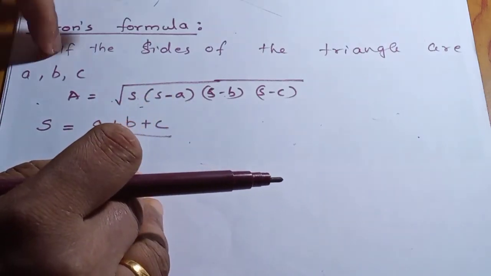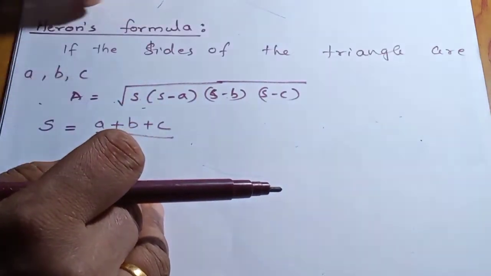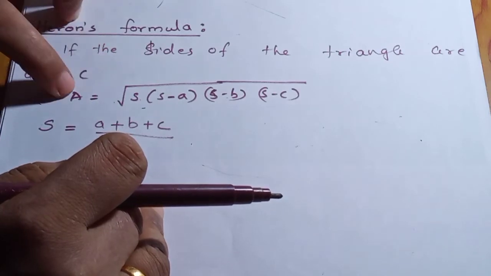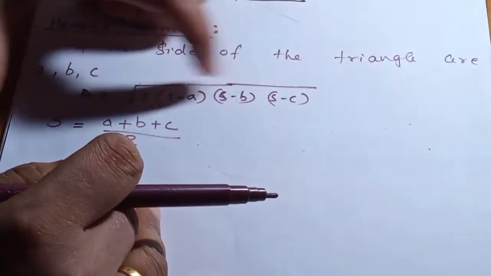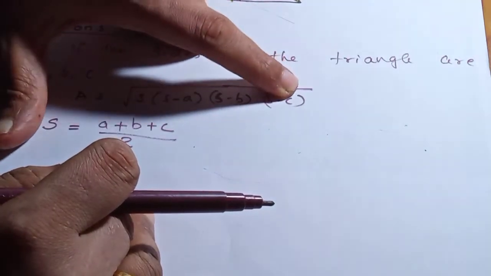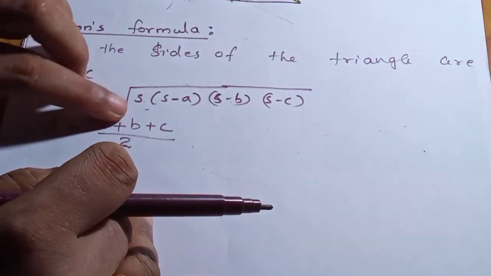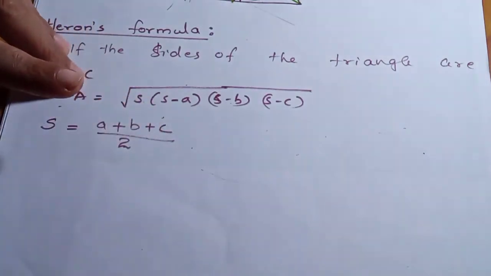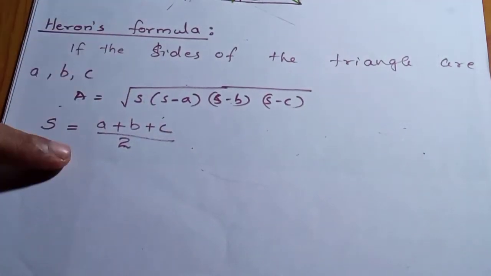Okay, area of a triangle with sides a, b, c is equal to root of s into s minus a into s minus b into s minus c, where s is equal to a plus b plus c by 2. This is called Heron's formula.